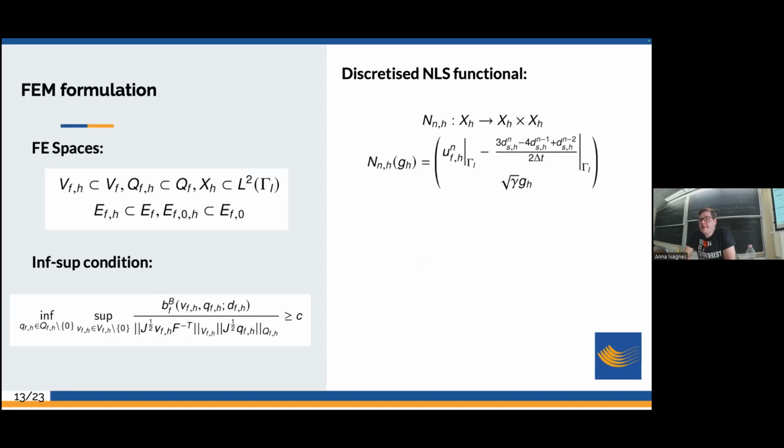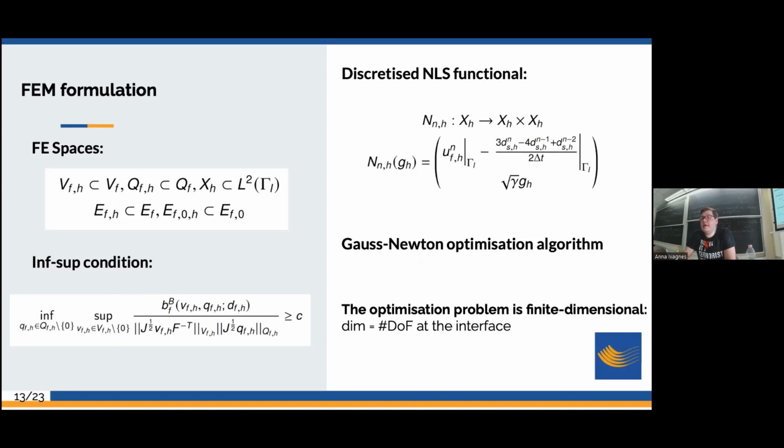And then we can discretize the nonlinear least squares functional, and now we can use a Gauss-Newton optimization algorithm. In this case, the optimization problem is finite dimensional.